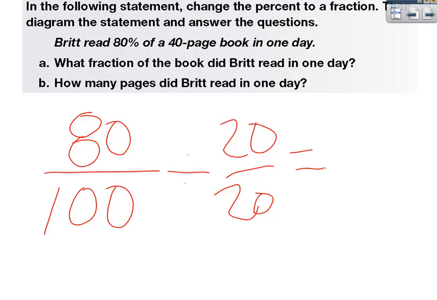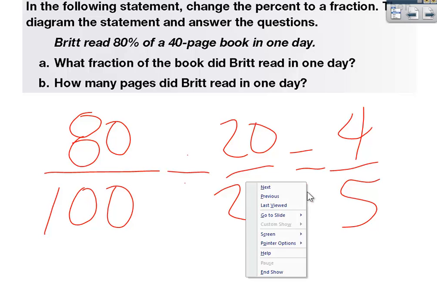And what that's going to equal is we're going to end up with 4/5. So 80% is equivalent to the fraction 4/5. Now we can draw it. Now we know that we have 4/5. We can go ahead and solve our problem. So let's do that.